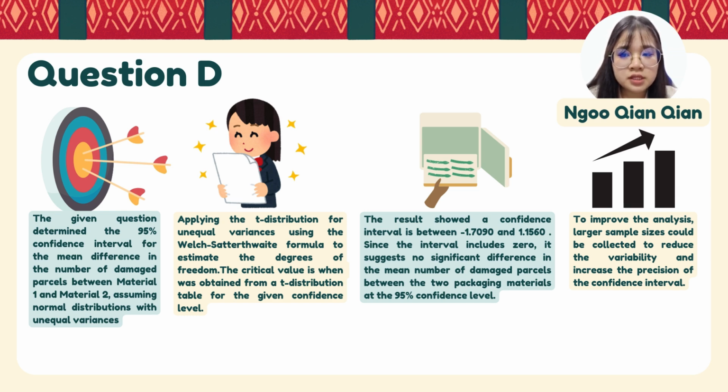difference in the number of damaged parcels between material 1 and material 2, assuming normal distribution with unequal variance. Applying the t-distribution for unequal variance using the well-known Welch formula to estimate the degree of freedom. The critical value was obtained from the t-distribution table for the given confidence level.